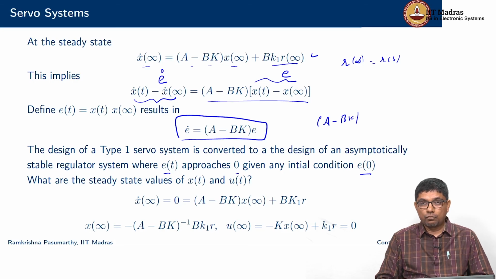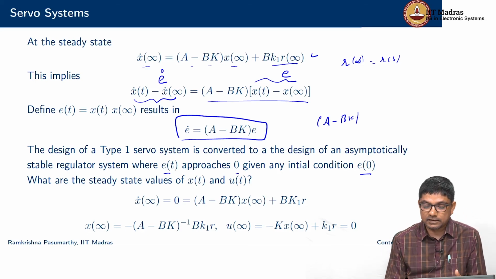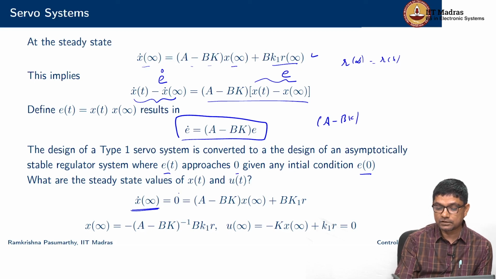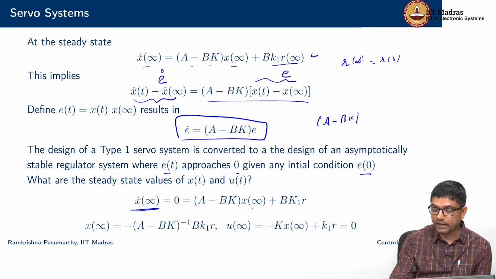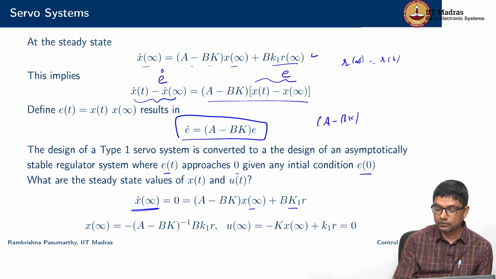Now what is the x at steady state because of this? What is the u at steady state? I go back to my original equation. x dot at steady state, at steady state means there will be no transients, so x dot will be 0, equal to (A minus Bk) x infinity plus B k1 times r.